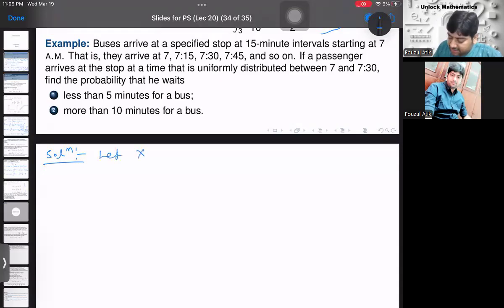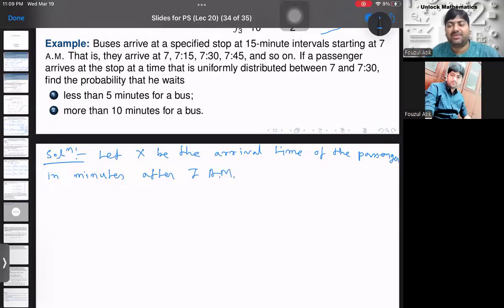So let x be the arrival time of the passenger in minutes, because here the unit is minutes, after 7 a.m. Whenever the passenger comes, the x value can be 7:01, 7:02, 7:03, it can go up to 7:30, right?